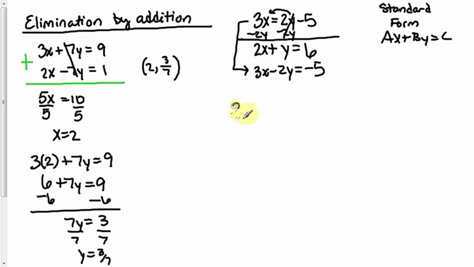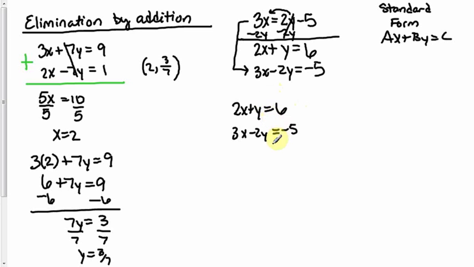Let me rewrite them. 2x plus y equals 6 and 3x minus 2y equals negative 5. This was my top equation, manipulated, and this is my bottom equation. They don't have the same coefficient but opposite signs. I do see that my y's have opposite signs, so perhaps I can work with that.